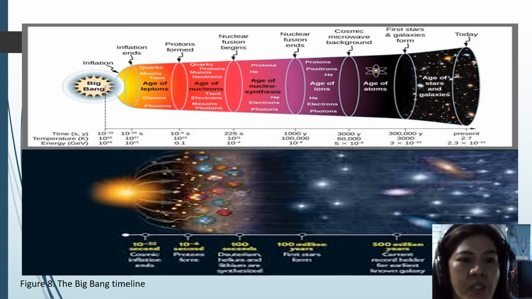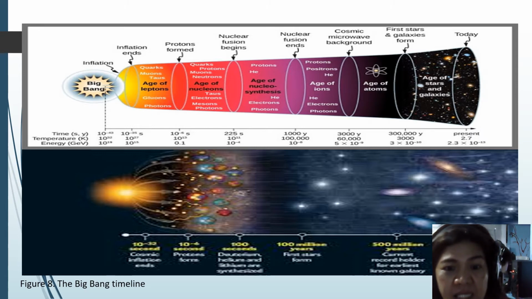Okay, so we have here the model of the Big Bang theory. Try to look at this so you can really understand how it is explained from the inflation until the present.